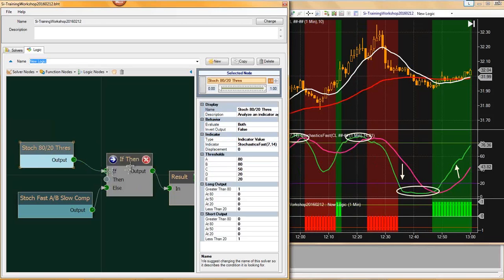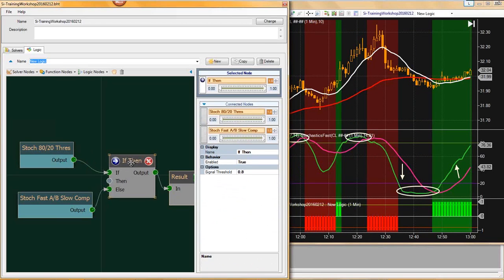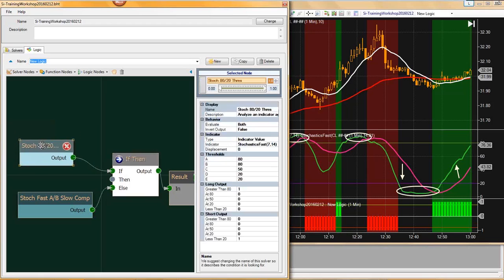If you watch the video on the if-then, it gives a full explanation of why this doesn't work, but the short version is that there are two switches in here, a long switch and a short switch inside this if-then node, and so this solver needs to control both switches at the same time.